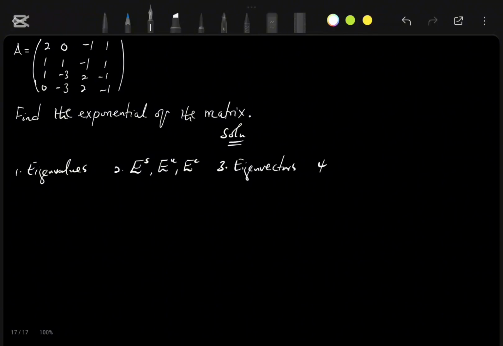Then next we find our matrix P and its inverse. And then lastly, we find the exponential of a matrix given by P e to the power D P inverse.